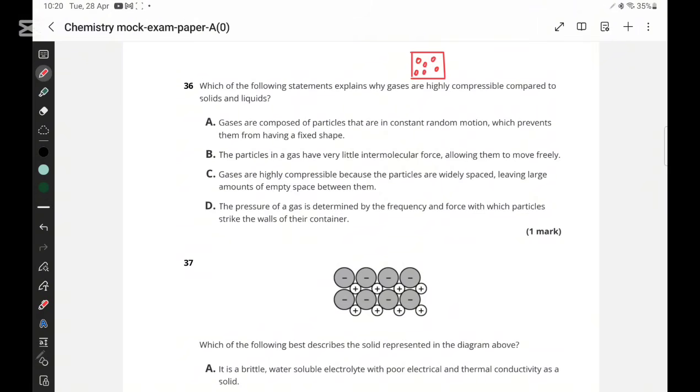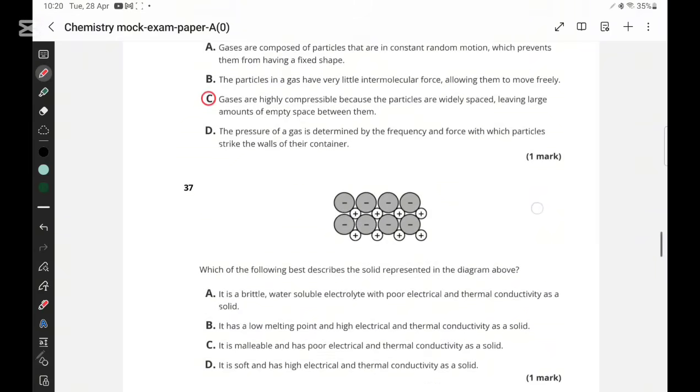So that is why if you apply pressure on them, the gas particles would come closer. So option C is going to be the right one, that gases are highly compressible because the particles are widely spread, leaving a large amount of empty space between them.